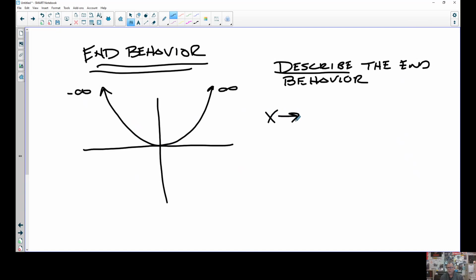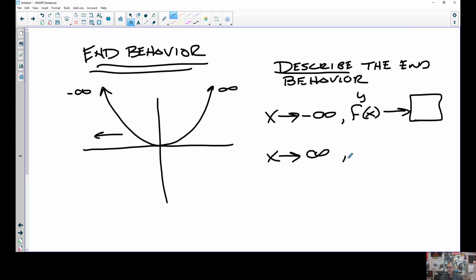I say as x approaches negative infinity, because we're going to look at as x is going this way, comma, f of x. And I've also seen y used here, and I don't care which one you use, f of x or y, approaches. These arrows just mean approaches. And we want to fill in this blank. This is just an empty box. And then we're going to say as x approaches positive infinity, f of x or y approaches what?